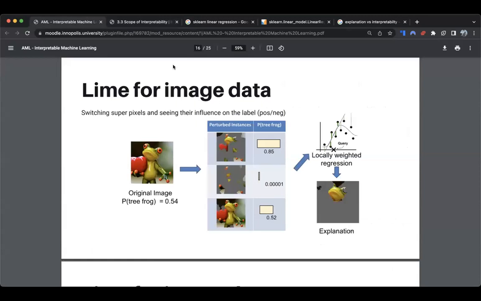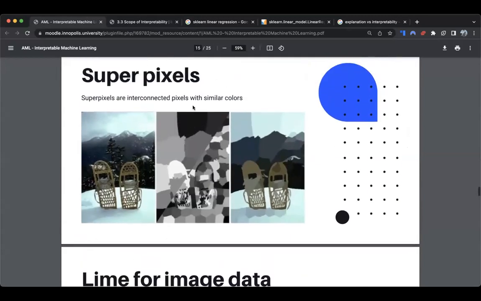And for superpixeling, as we said, we're not going to discuss it a lot. You can think of it as an algorithm that merges different pixels together and creates a region in the image that you could turn off, meaning you set its pixels to 0, or turn on, meaning you keep its pixels.